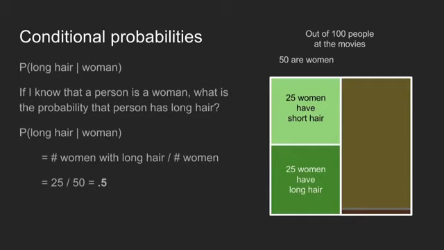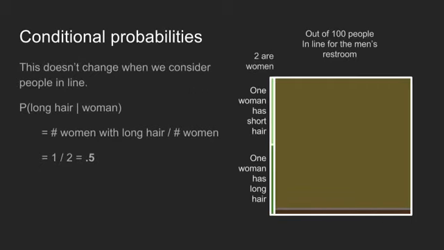So it's written as probability of long hair given that a person's a woman. So to get this, we just divide the number of women with long hair by the total number of women, 50%. And this doesn't change whether there's 50 women in your group or 2 women in the group. Still, if we know that a person is a woman, the probability that they have long hair is 50%.